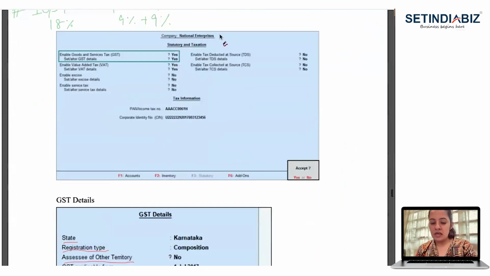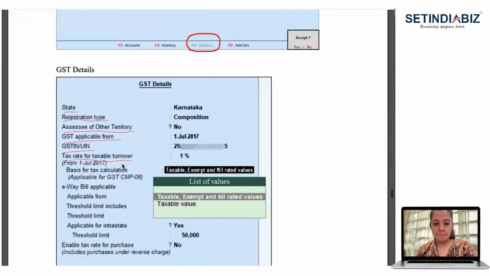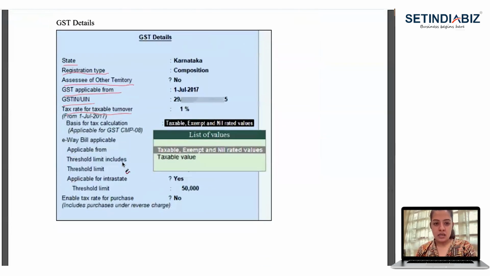Now, suppose I'm on F11. I have activated this again with the F3 button and I have enabled this and I have filled this Karnataka registration type. Now, they have said if registration type is composition, and I'm not taking Kerala now, I'm taking Karnataka as state. And earlier we had talked about this regular.